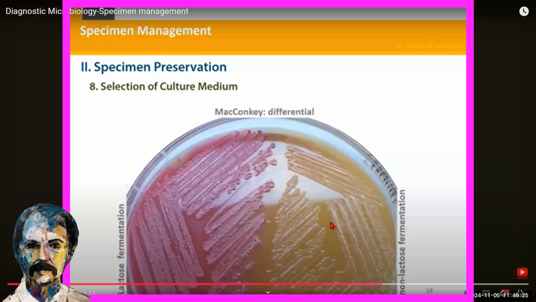While this bacteria here, it did not ferment lactose, and the color remained as it is. For this reason, because of changing color, McConkey is differential. And because it doesn't support the gram-positive cocci, like Staph, we call it selective media. So McConkey is selective plus differential.